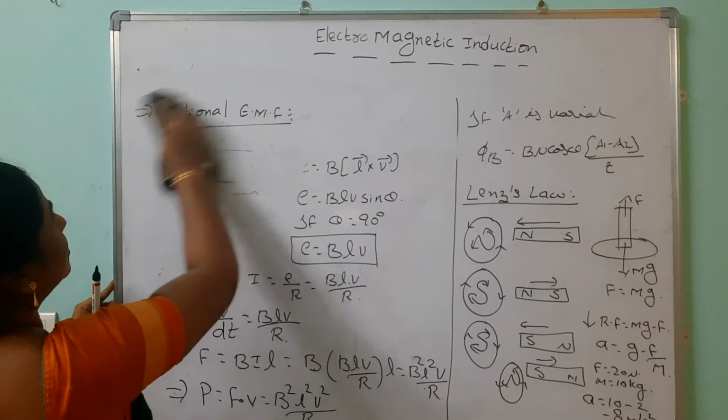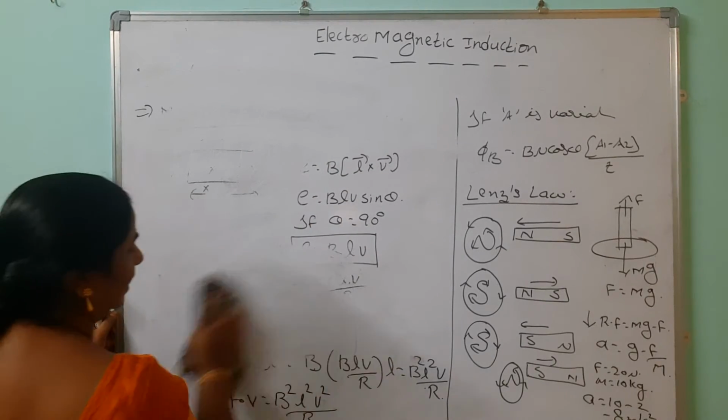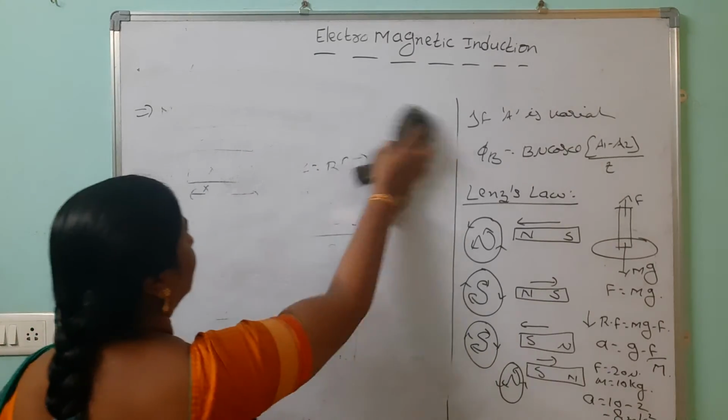Suppose one rod is rotating in a uniform magnetic field, then how to take the formulas here?